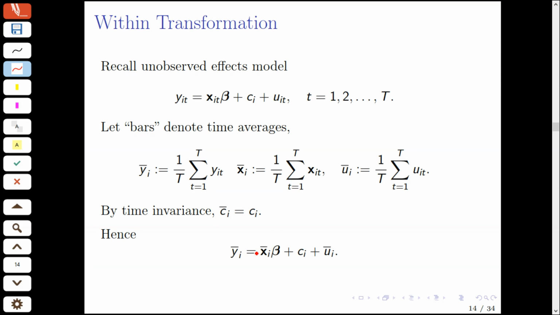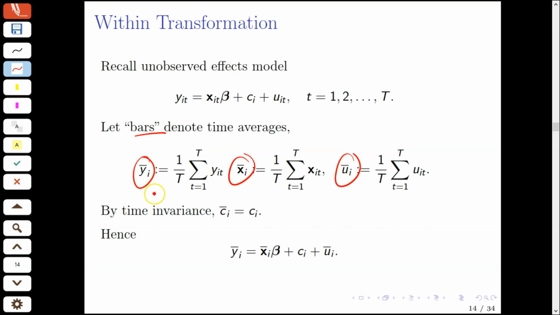All right, so going back to our linear unobserved effects model for panel data, let's introduce a piece of notation here. Namely, whenever you see a bar on a variable, let the bar denote the time average of that variable for a given individual.